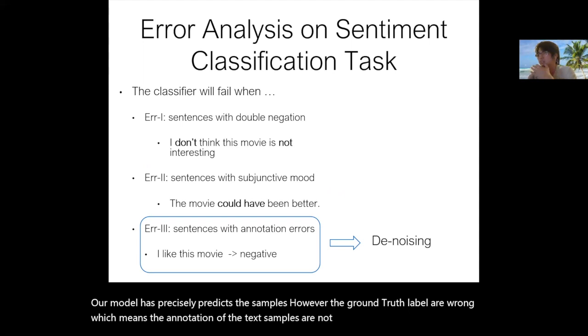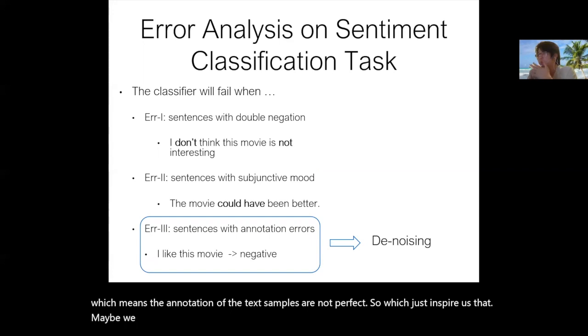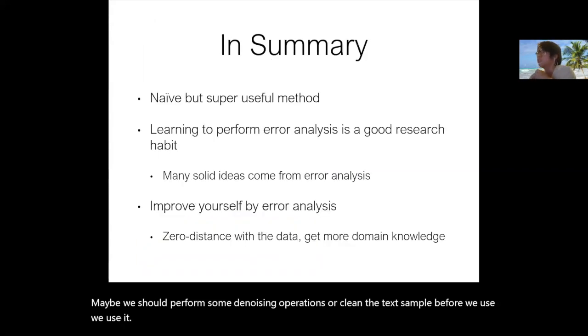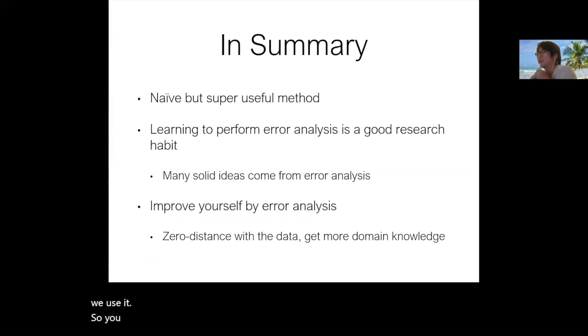This inspires us that maybe we should perform some denoising operations or clean the text samples before we use them. So in a word, regarding the error analysis method, it is a naive but super useful methodology.